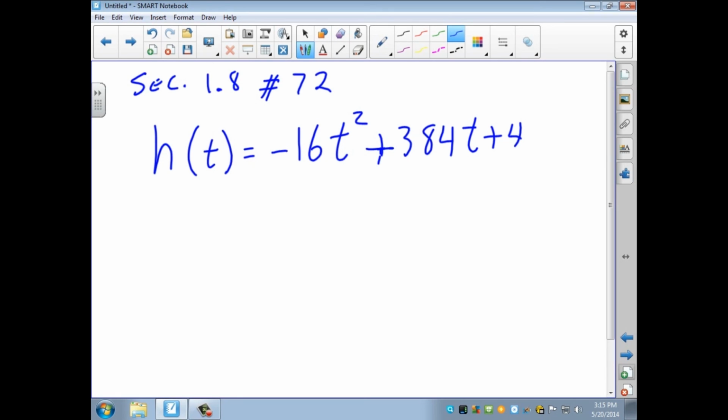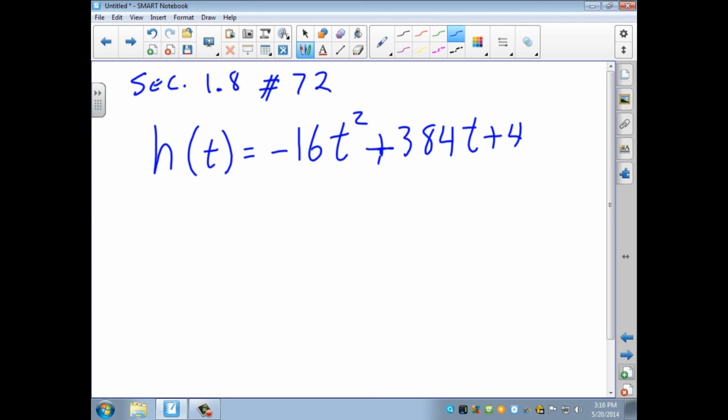Find the times when the rocket is at the height of 1,284. At how many seconds after its launch would it reach the height of 1,284?